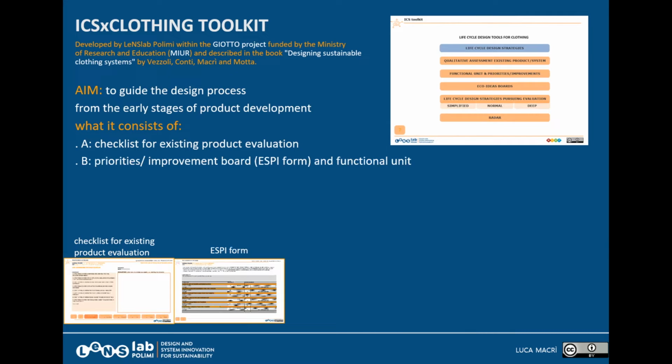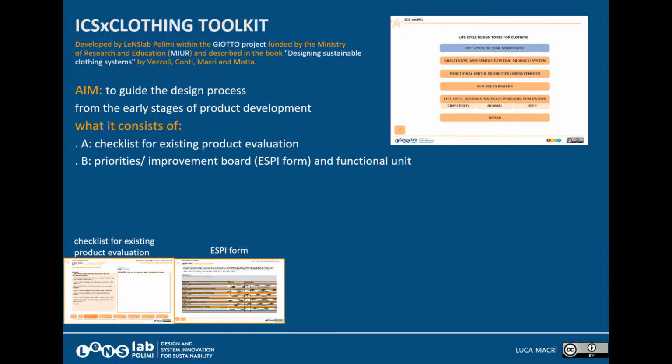Then you have the ESPI form, and the functional unit is another page in which, first of all, in automatic, you have all the priorities that you have set in the first part visible there. So you can write down the functional units you are referring to, because remember, the two approaches of doing this is, first of all, the life cycle approach.